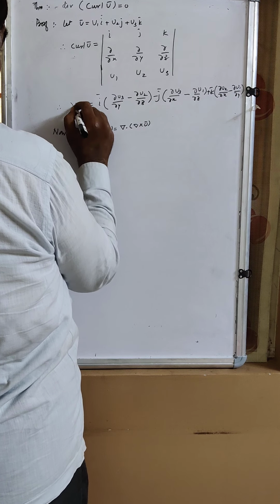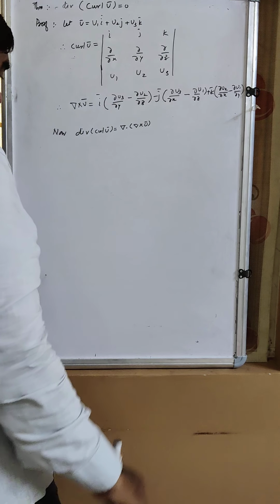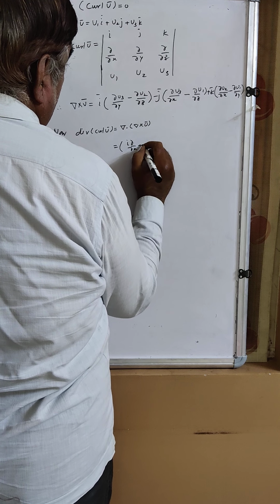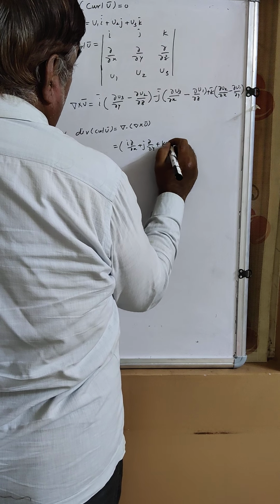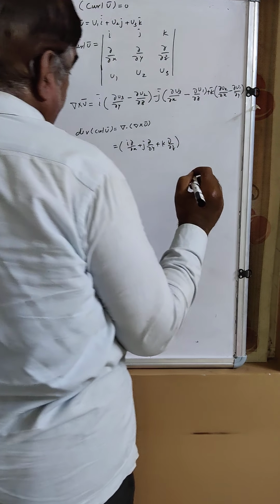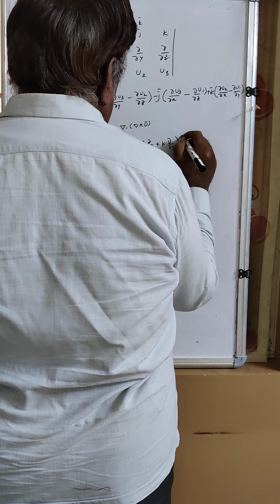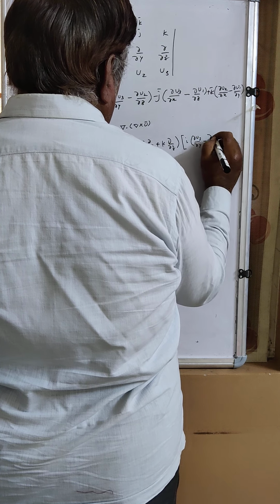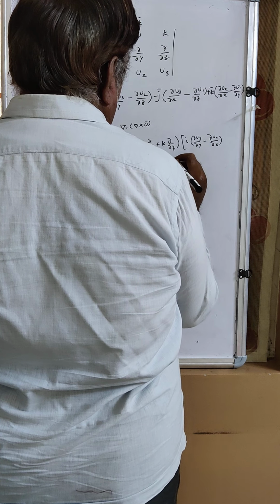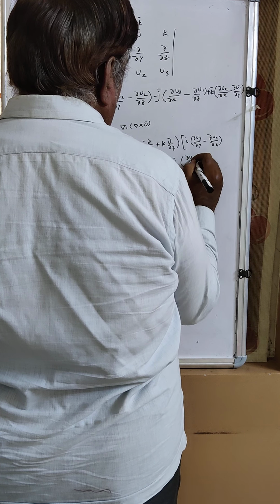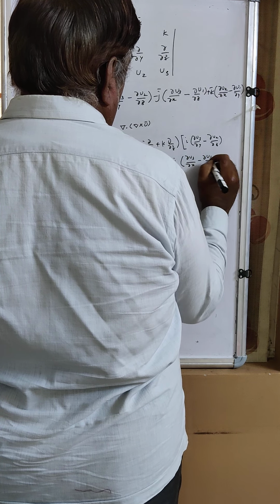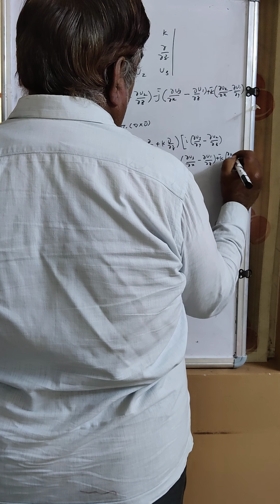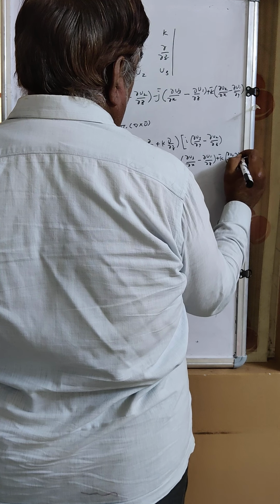We write here del cross u vector, curl u vector is equal to i del by del x plus j del by del y plus k del by del z, i del u3 by del y minus del u2 by del z minus j del u3 by del x minus del u1 by del z plus k vector del u2 by del x minus del u1 by del y.